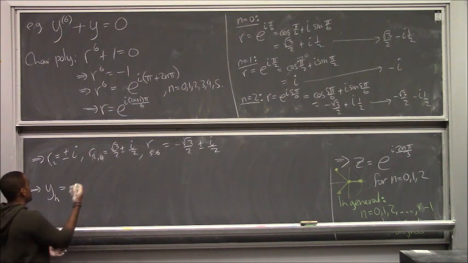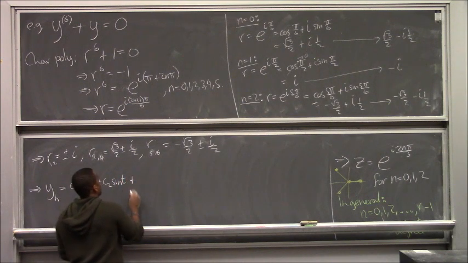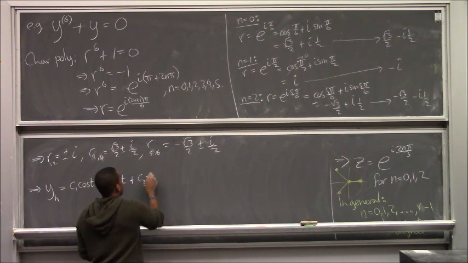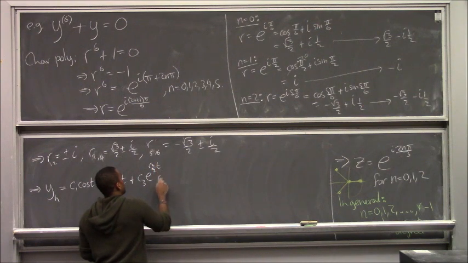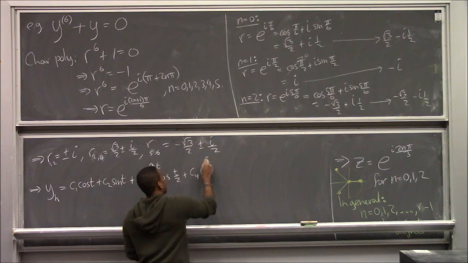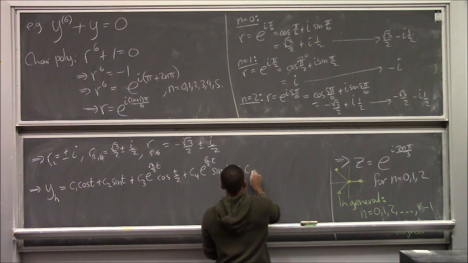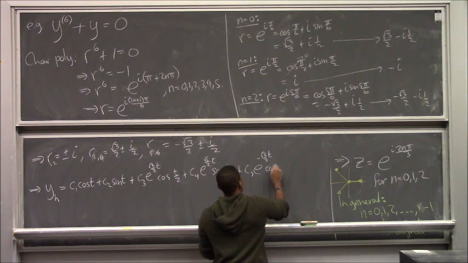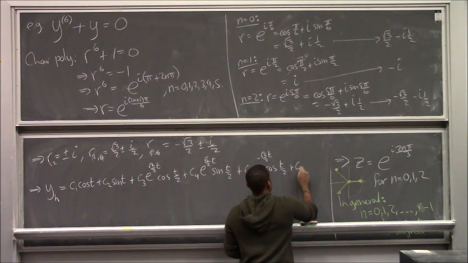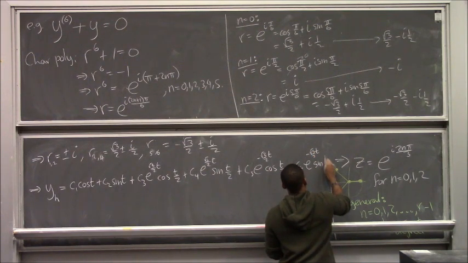The other thing it says is y equals C1 cosine t plus C2 sine t plus C3 e to the radical 3 over 2 t cosine t over 2 plus C4 e to the radical 3 over 2 t sine of t over 2 plus C5 e to the minus radical 3 over 2 t cosine t over 2 plus C6 e to the minus radical 3 over 2 t sine t over 2.